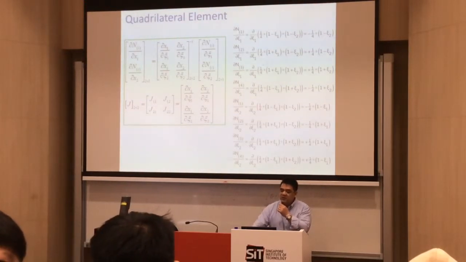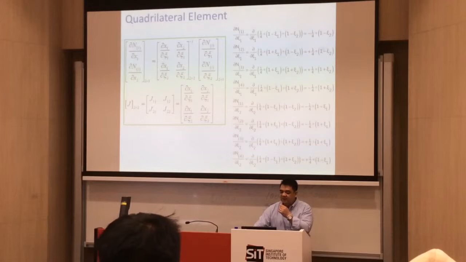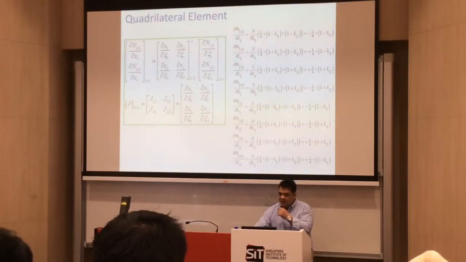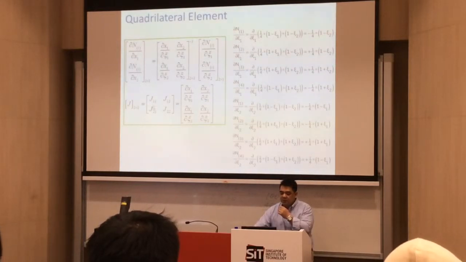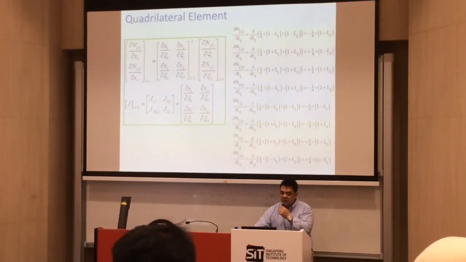The same is true with this one here. Since you have this as an equation already, just substitute in the values. So you will have 1, 2, 3, 4, 5, 6, 7, 8 values already for this one. Straightforward solution. What about this J11, J12, J21, J22?